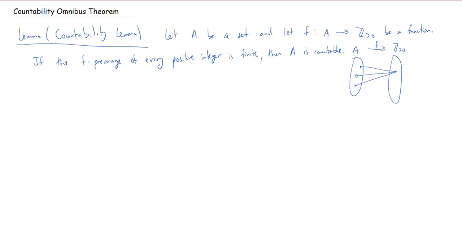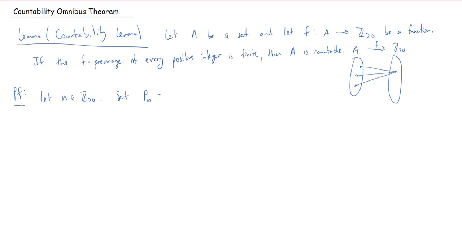All right, so let's give a proof of this. And if you go back and watch how we proved that the rational numbers were countable, you're going to see some overlap here. There's going to be some similarity. Okay, so first, let me start with some positive integer n, and I want to give a name to it like P sub n.